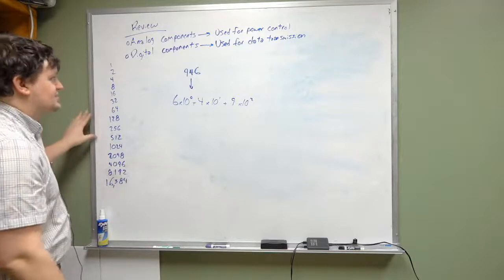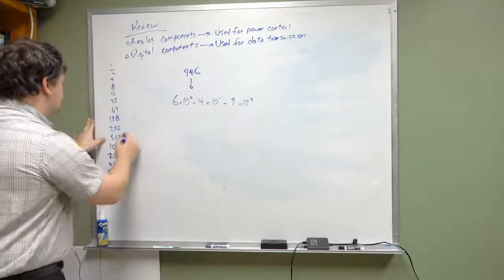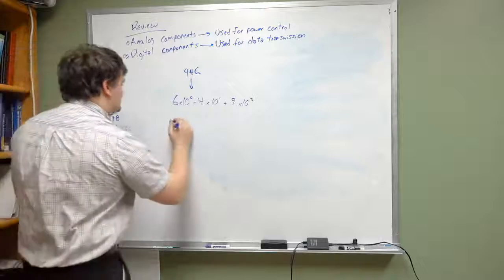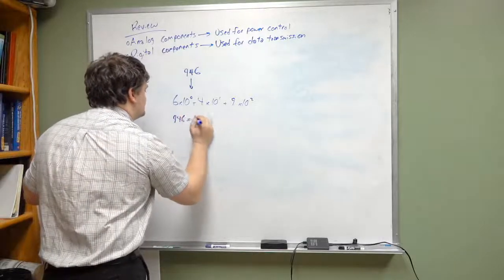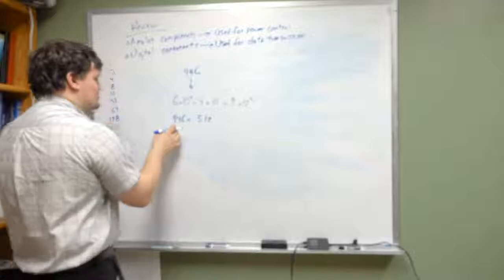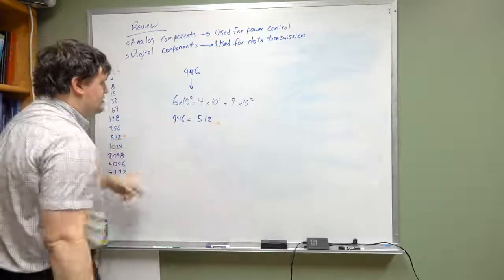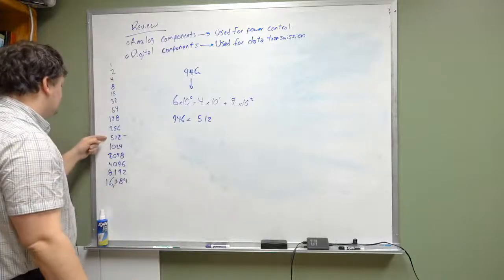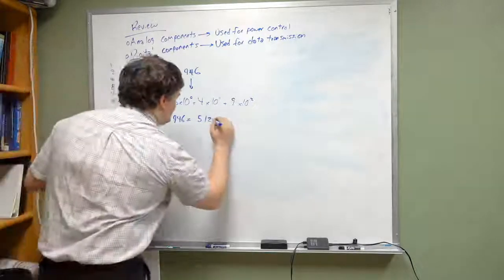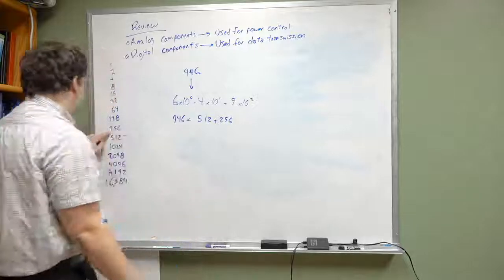The idea is this number is equal to 512. So 946 is equal to 512, which leaves 434, plus 256.